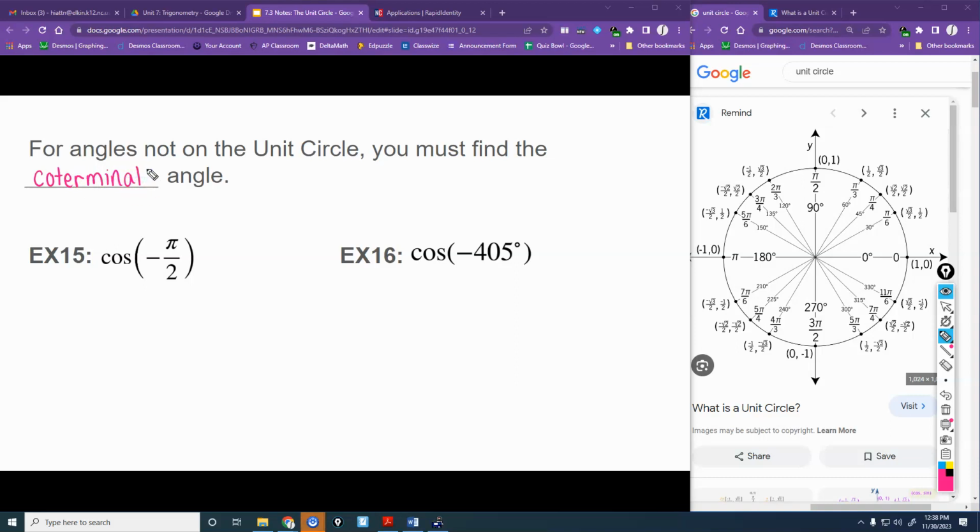We have already done coterminal angles. For degrees, if you want to find a coterminal angle, what do you have to do? Add or subtract 360 degrees. And you're just going to add or subtract 360 until you get something that is on the unit circle. So for example, for number 16, that is negative, so I know I need to add.